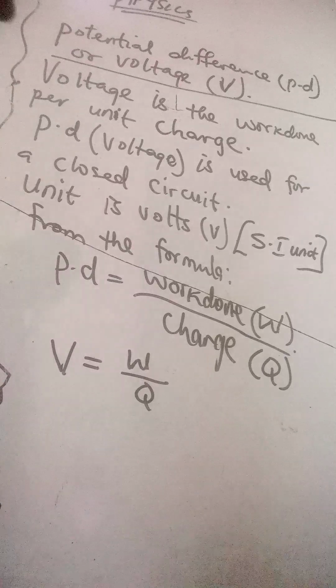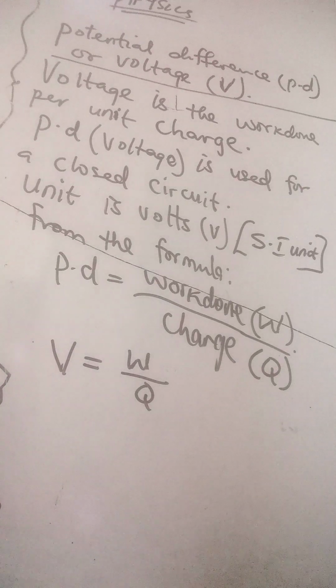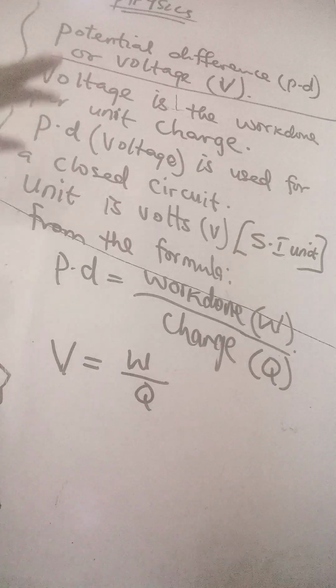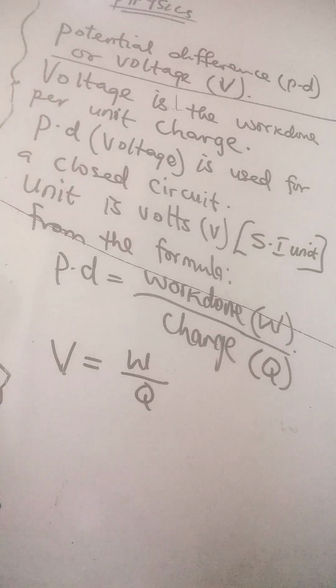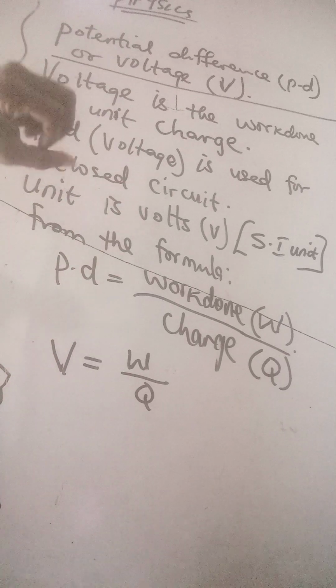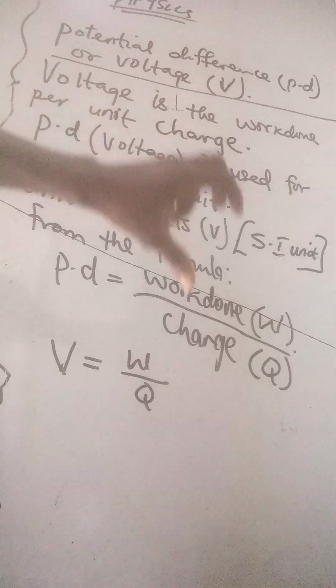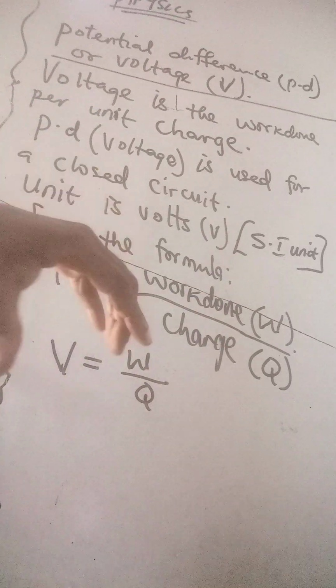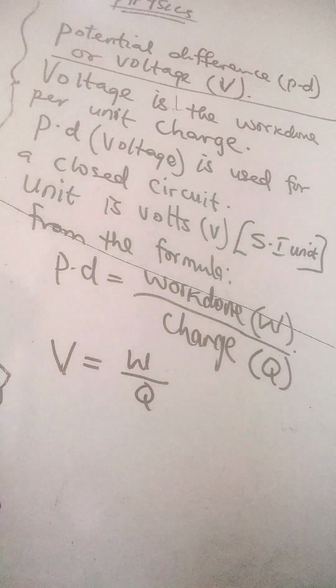Potential difference, which is also called voltage, is another parameter that is associated with current electricity. Voltage is the work done per unit charge. That is, the work done to move charge from one point to another in a circuit.